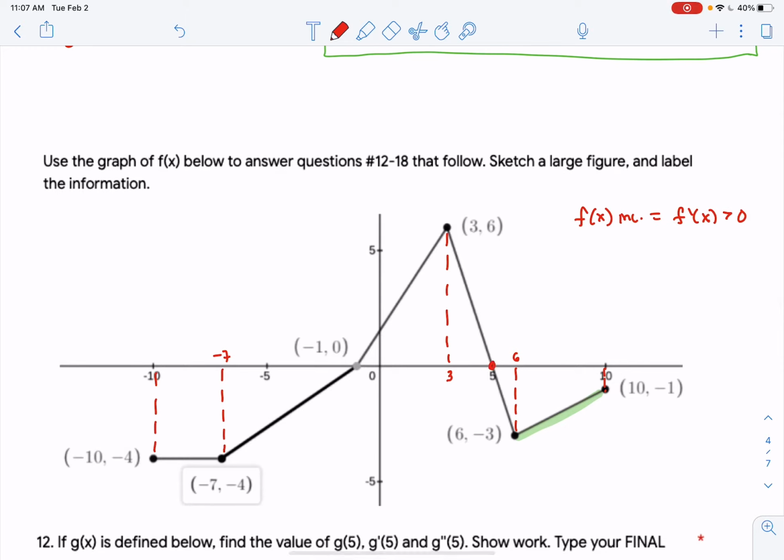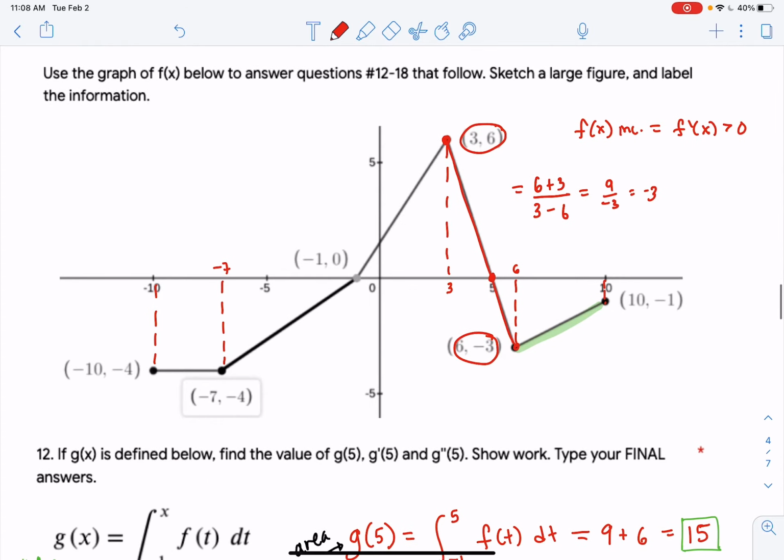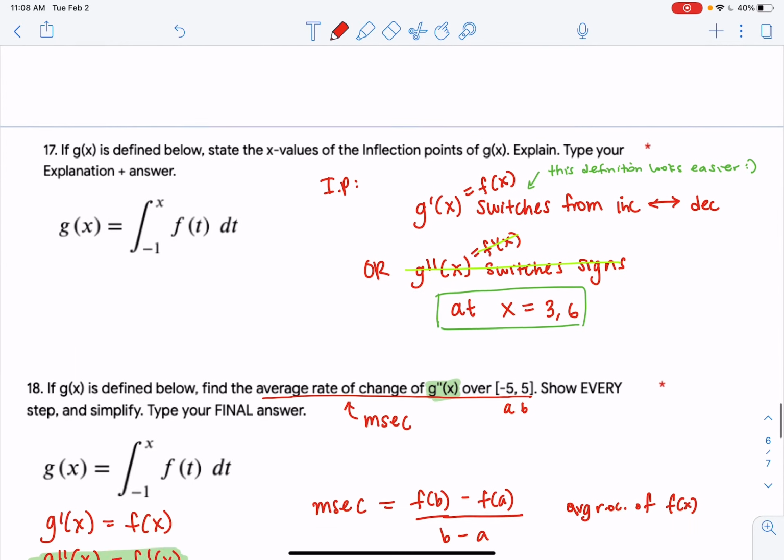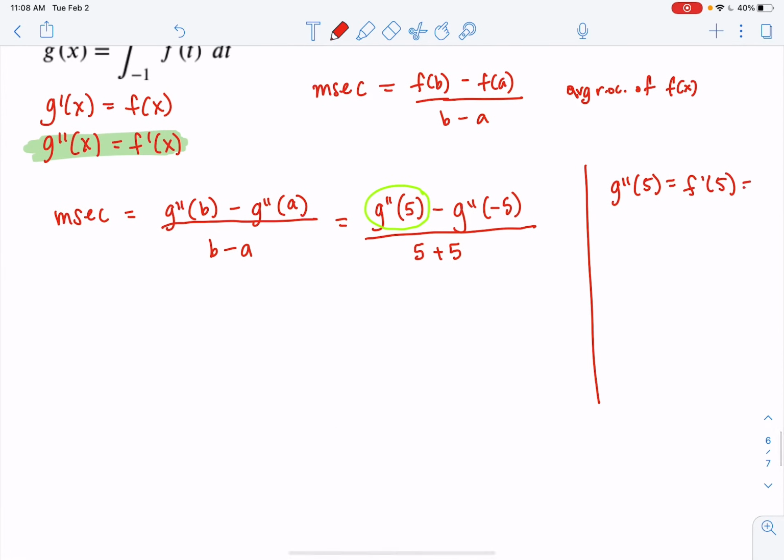Oh, that's right here. And you can find the slope using rise over run with the 2 points that lie on that line. And so y minus y all over x minus x is going to be -3. And we actually found that in a previous problem. So f prime of 5 is -3.